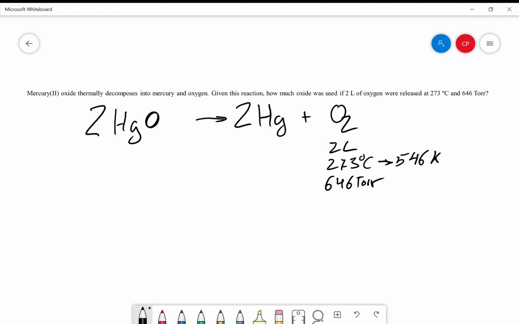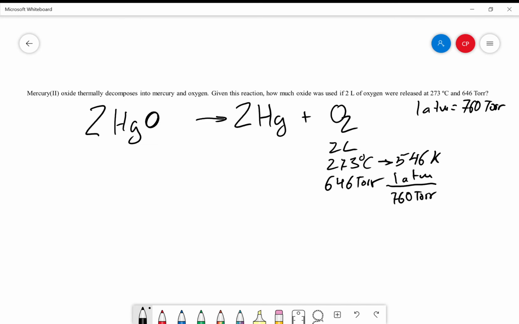For the pressure, we have to transform it into atmospheres by knowing that 1 atmosphere is equal to 760 torr. So we write it like a conversion factor in which 1 atmosphere is divided by 760 torr.